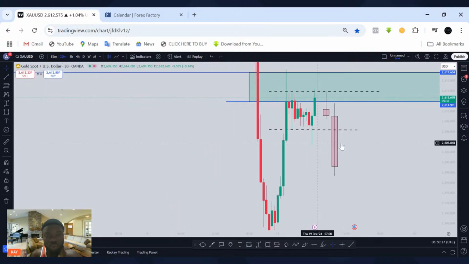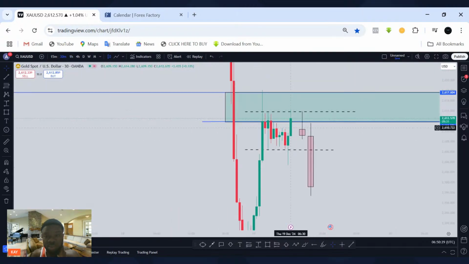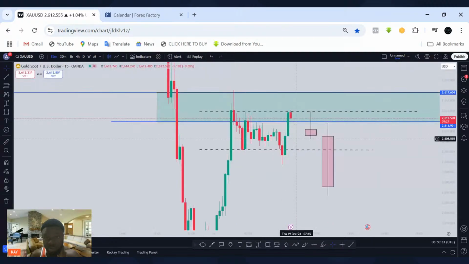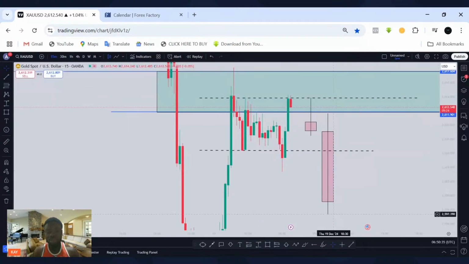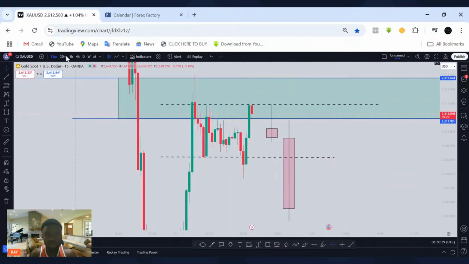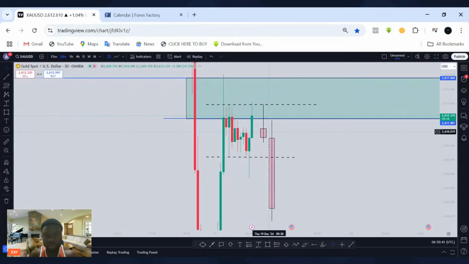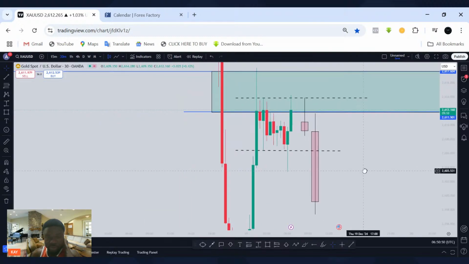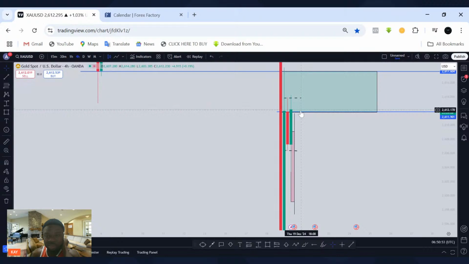Looking at the 30 minutes, I just want to see the 30-minute candle. The 30-minute candle is closing within. So this is what I'm expecting: if the 30-minute candle closes bearish within, the chances that gold will flip down are very high. But the high shouldn't have been broken. You get it? That's the issue.